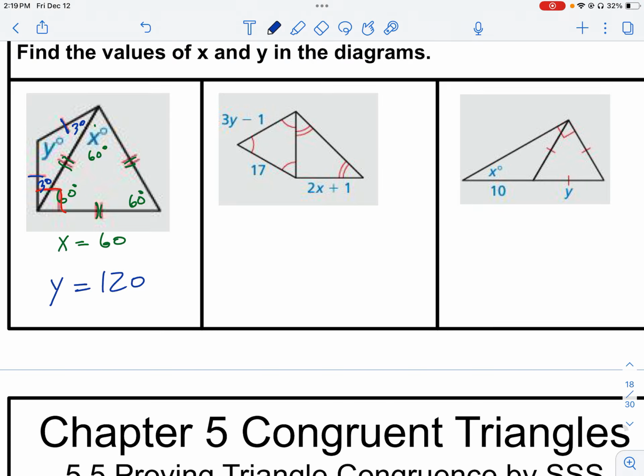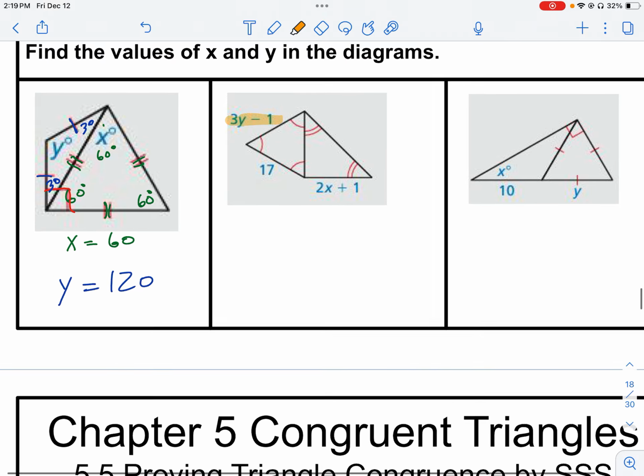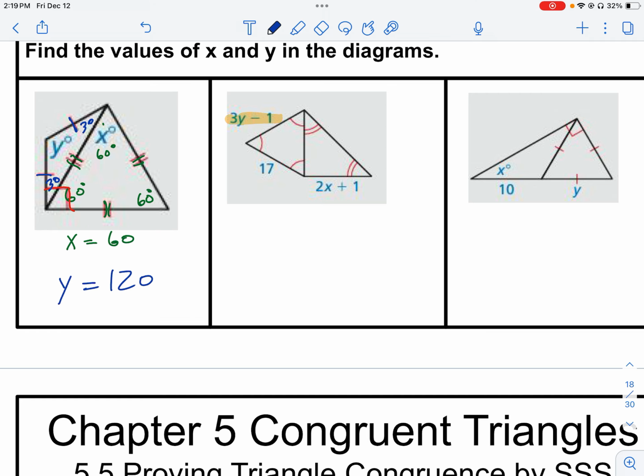All right, now the middle one. We've got 3y minus 1. We've got an equiangular triangle, which means it is equilateral. So 3y minus 1 equals 17, because this is 17 and this is 17. Because equiangular means equilateral.